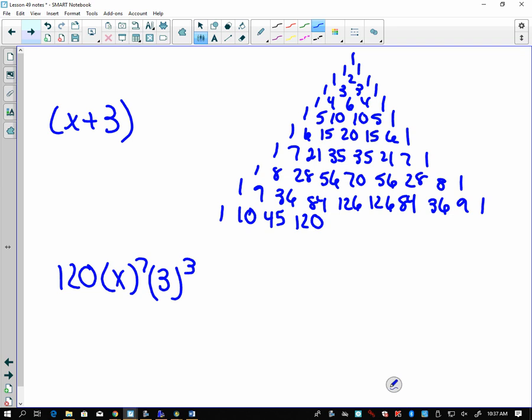So all I have to do is simplify this. I'm going to take 3 to the third times 120 and have x to the 7th in that. So let's take 120 times 3 to the third, 3240. X to the 7th, and that's all I've got to do. Yep, it's just that easy.